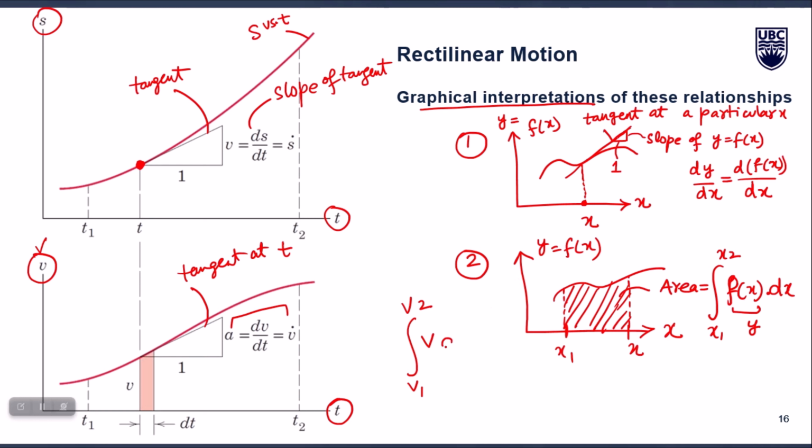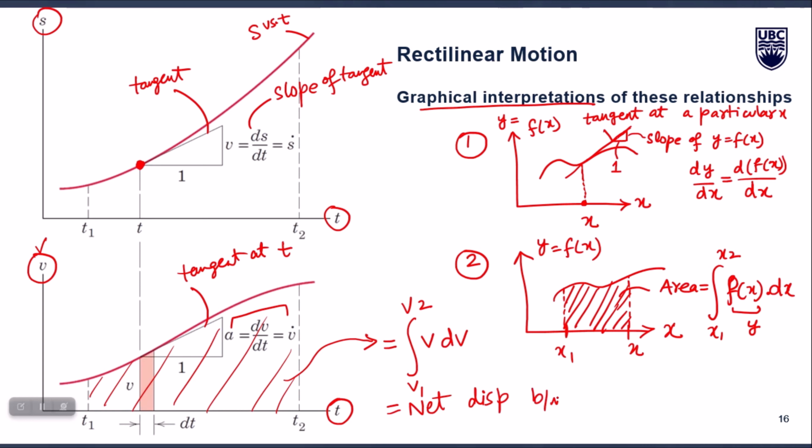So if we integrate velocity, we should be able to get the net displacement, right? So that area enclosed between T1 and T2 is graphically equal to this integral, but we know that integration of velocity is actually displacement. So that area should be equal to the net displacement between T1 and T2, right?